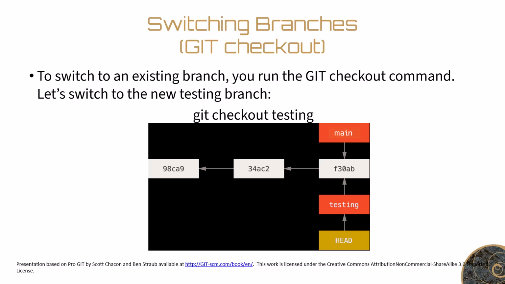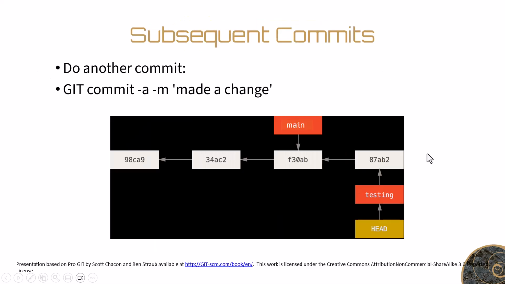So what this looks like is this. We now have a branch which is ahead of the other one. The HEAD points to the current branch, and the current branch is ahead of main. Any branches that HEAD isn't pointing to will remain where they are until we do a merge.